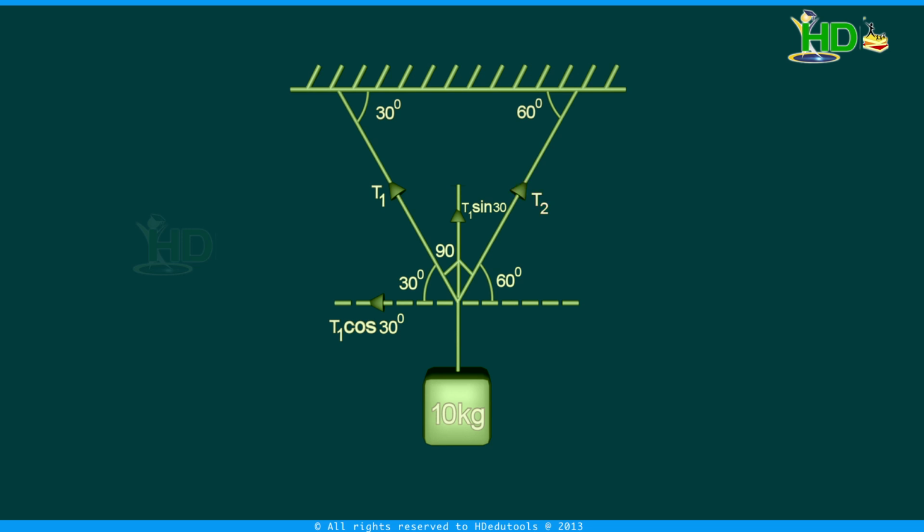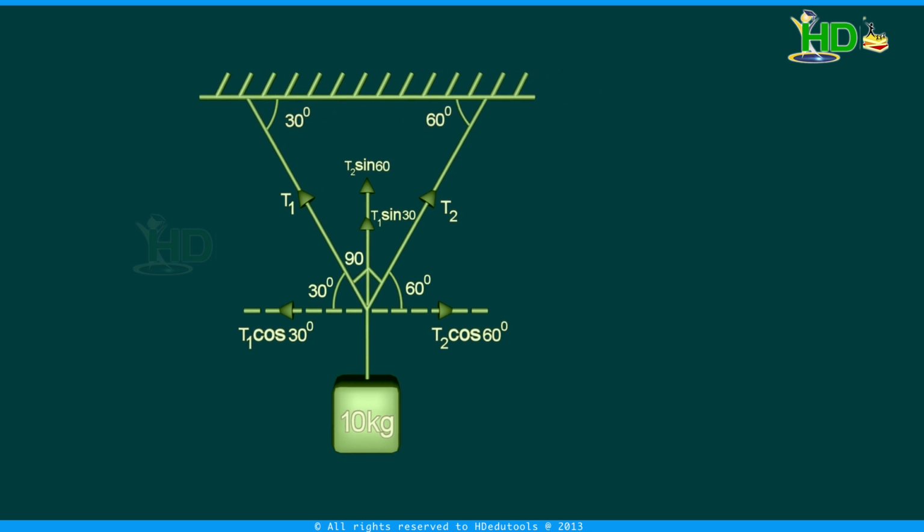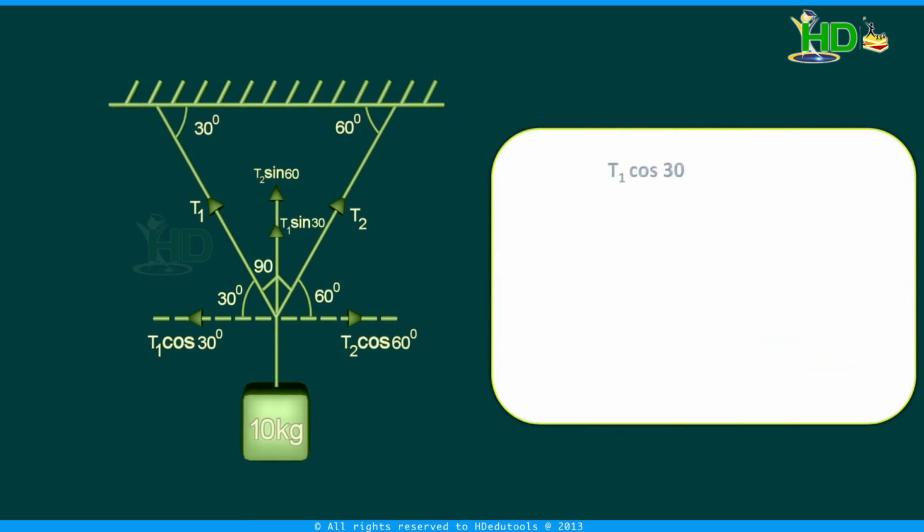And T2 can be divided into two components, T2 cos 60 and T2 sin 60. Now from this figure, we can write T1 cos 30 is equal to T2 cos 60 at equilibrium. Cos 30 is root 3 by 2, cos 60 is 1 by 2. Therefore, root 3 T1 is equal to T2.